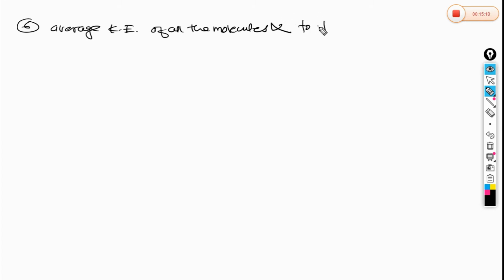Let's move further. We'll see the sixth assumption, the sixth postulate. The average kinetic energy of all the molecules is proportional to the absolute temperature.